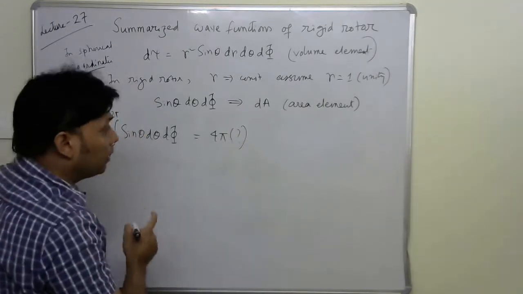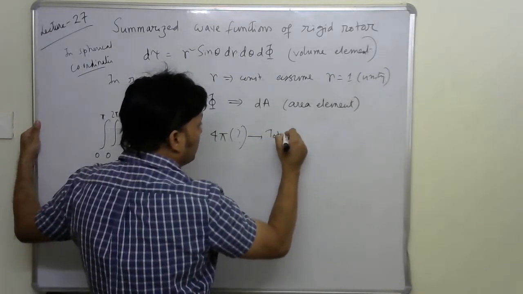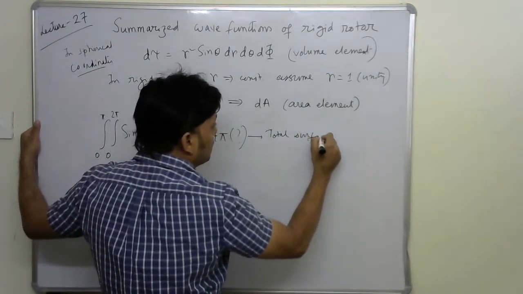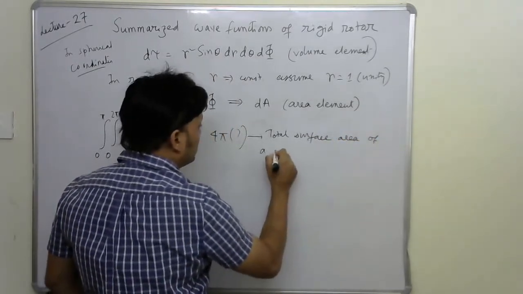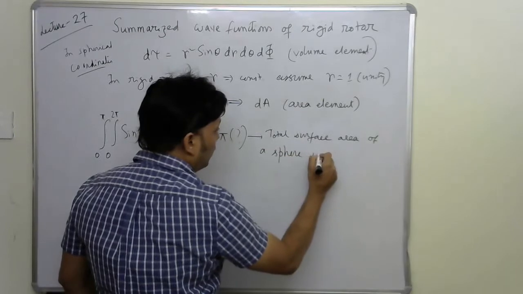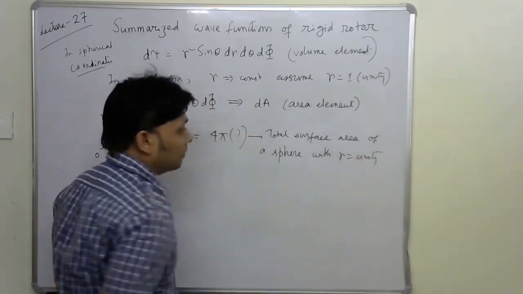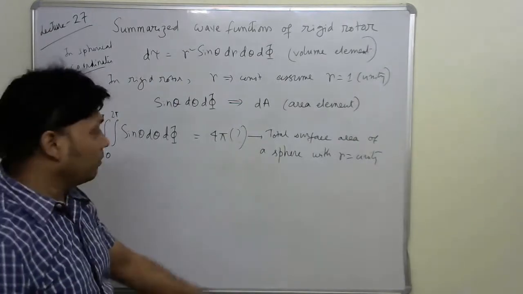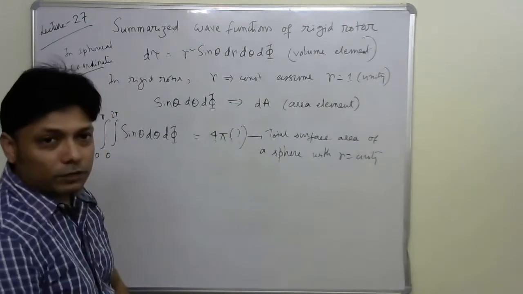It is the total surface area of a sphere with radius r equal to unity, 4 pi r squared. If r is unity, then 4 pi is the total area of a sphere.